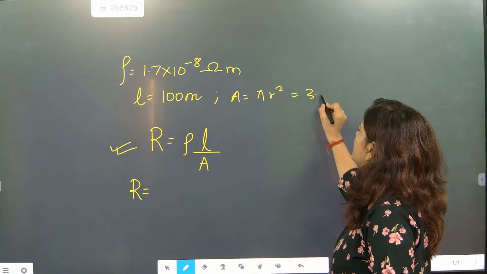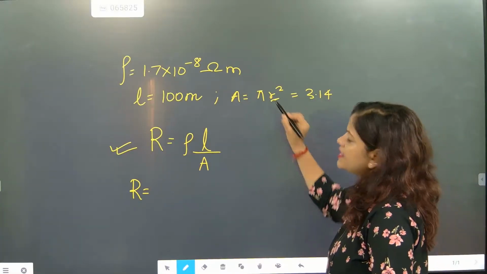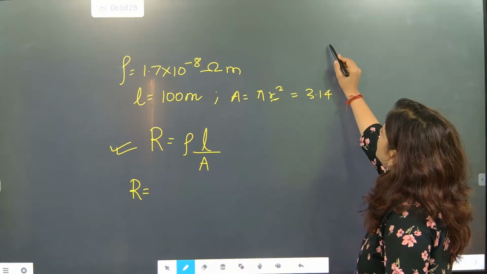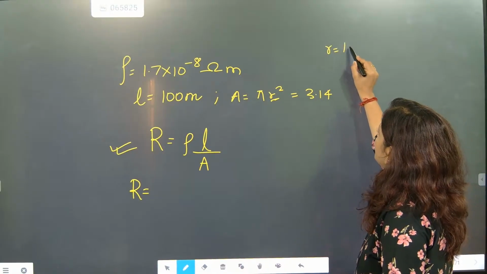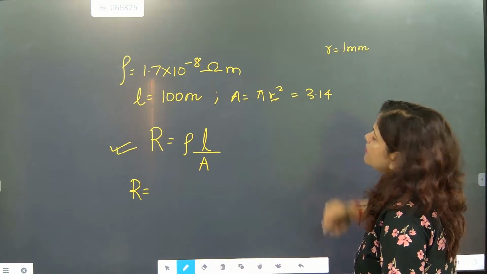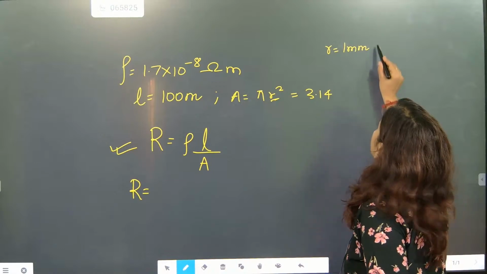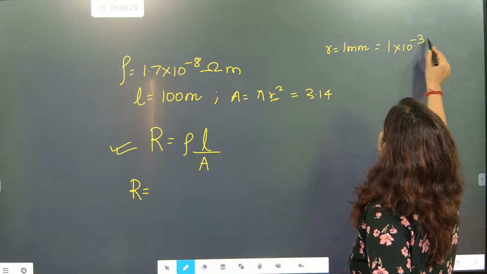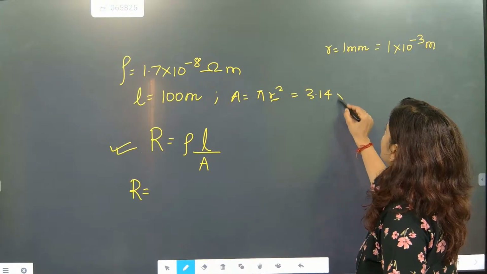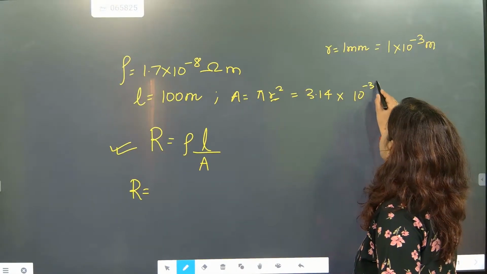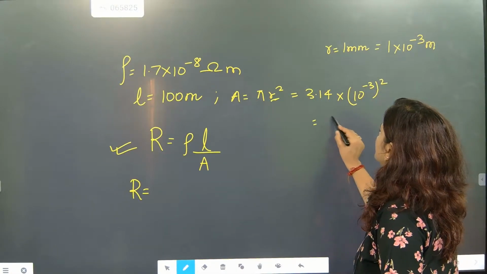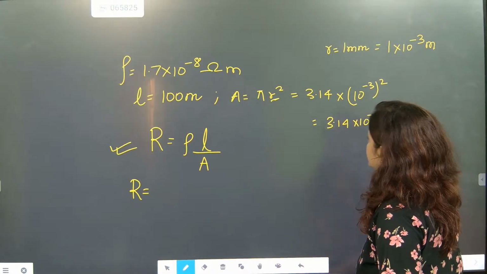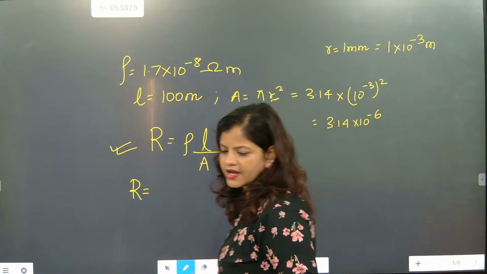Pi we have taken as 3.14. Radius is given as 1 mm, but 1 mm is not going to work because this is not our unit, so 1 into 10 to the power minus 3 meter. So it will become 10 to the power minus 3 whole square, so it will come as 3.14 into 10 to the power minus 6. Done. This is exactly the area.